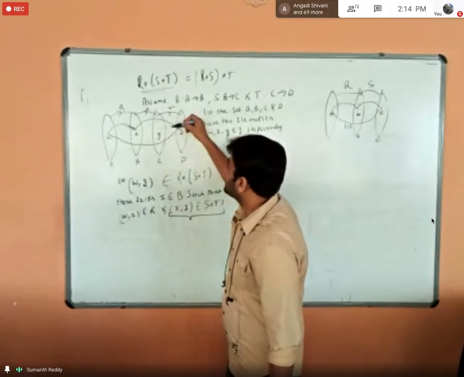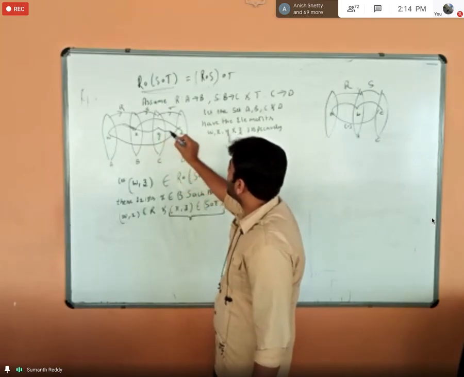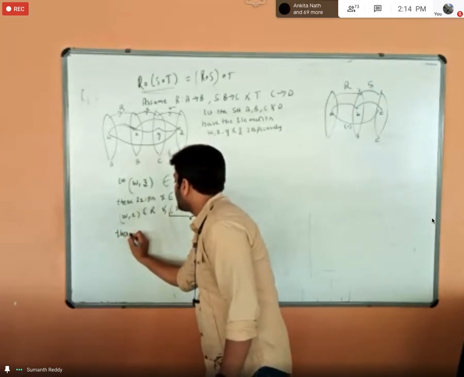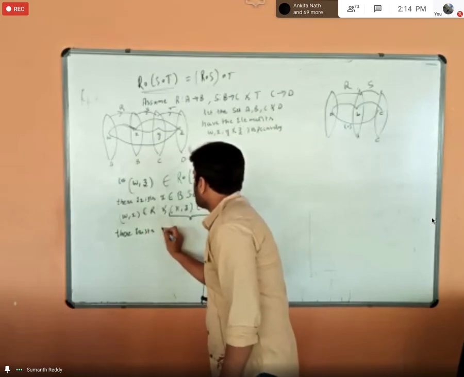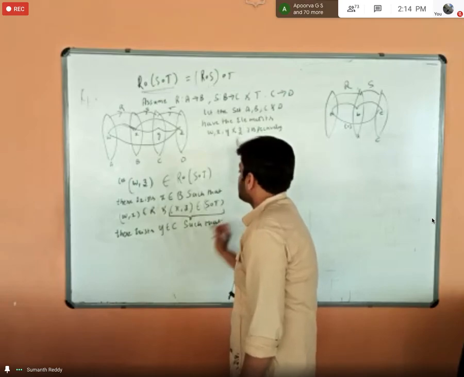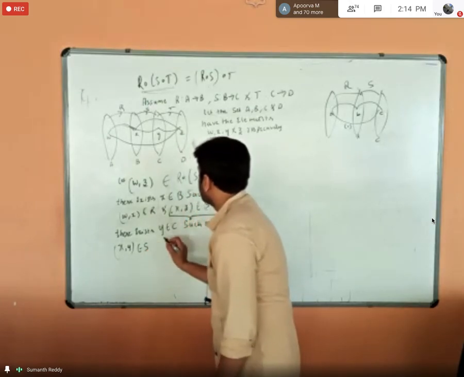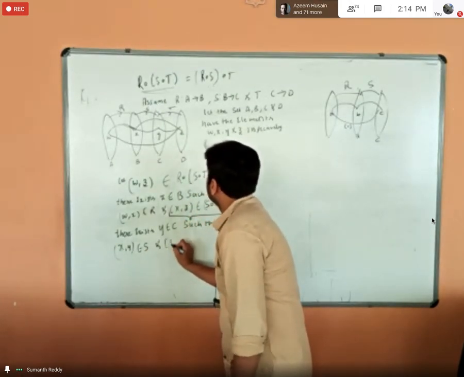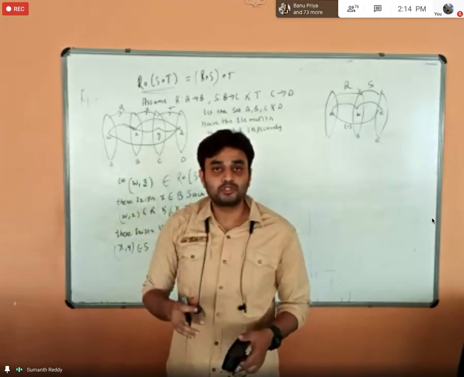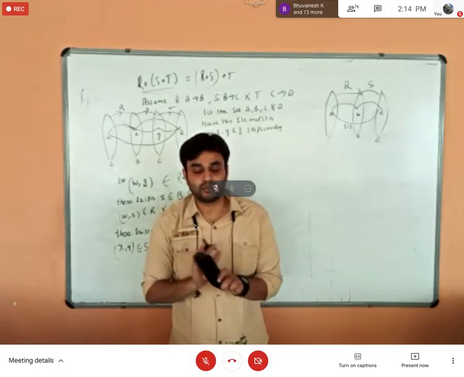That is, there exists one more element Y that belongs to the set C, such that X comma Y belongs to the relation S and Y comma Z belongs to the relation T. What I have done is just use the definition of composition of relation and split the big ordered pair into smaller ordered pairs, right?